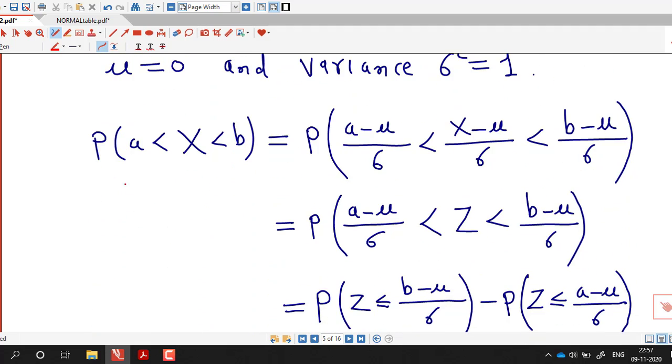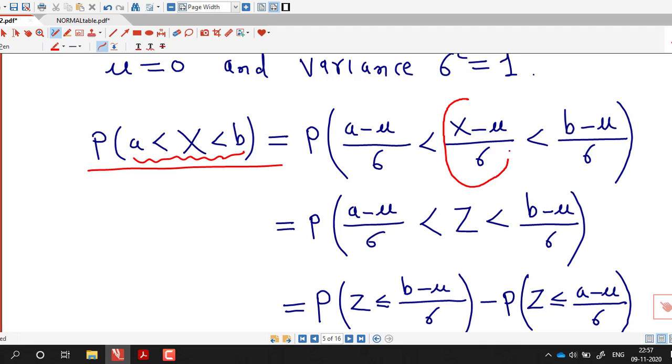Now suppose we want to find the probability that the normal random variable lies in the interval a to b. Then if we subtract mu and divide by sigma, this inequality can be written as a minus mu over sigma is less than x minus mu over sigma, which is less than b minus mu over sigma.